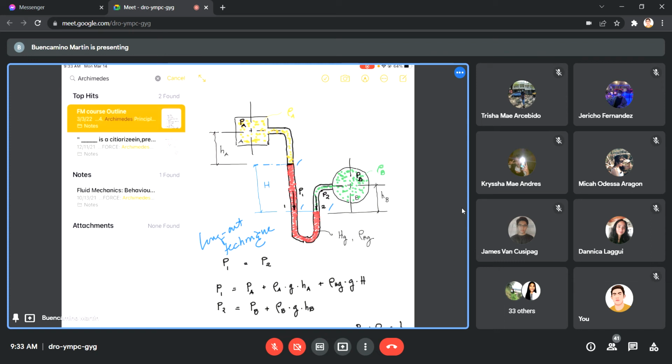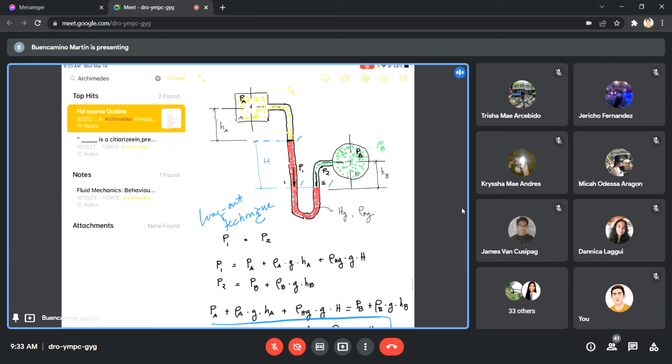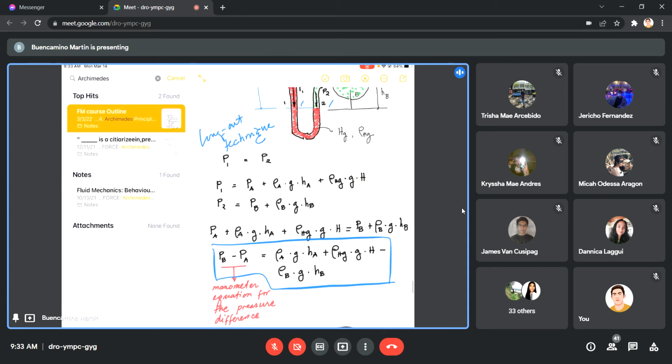Okay. So again, class, applying now equality, P1 is equal to P2, we can see that we can arrive at the final manometer equation, that is PA minus PB is equal to rho A times g times HA plus rho Hg times g times H minus rho B times g times HB.